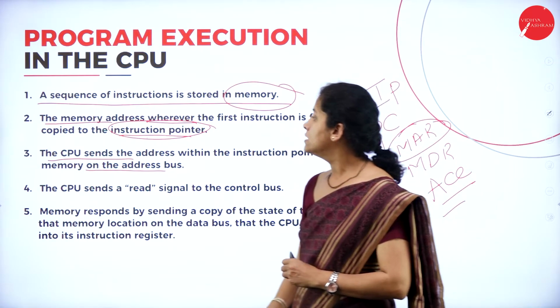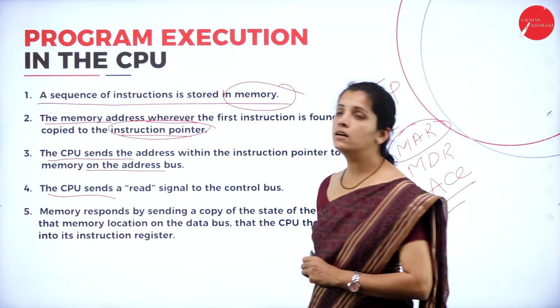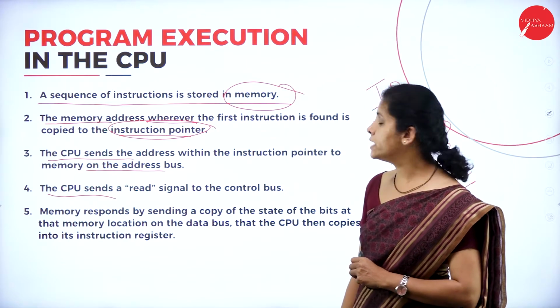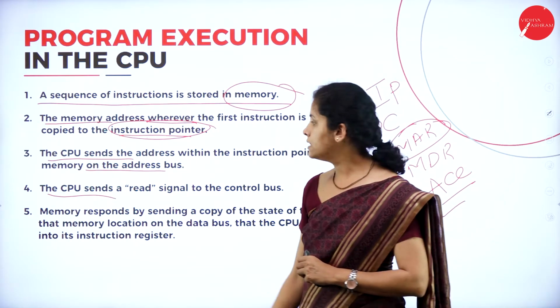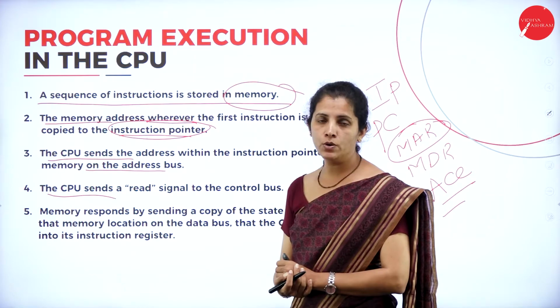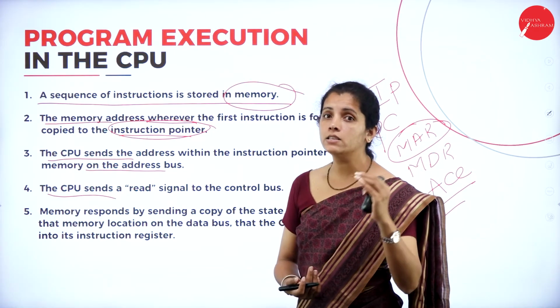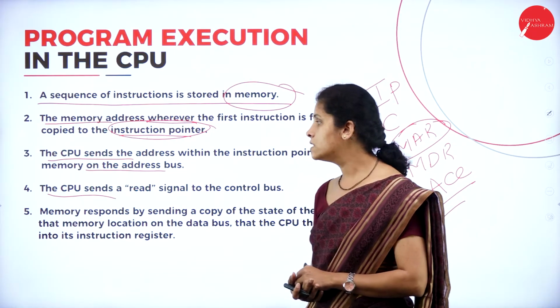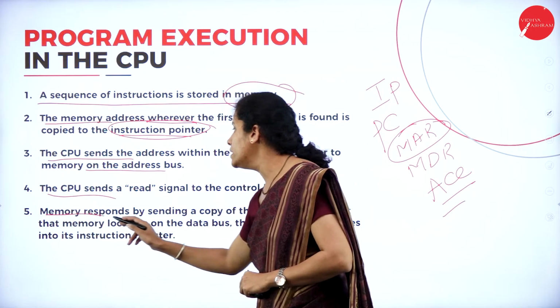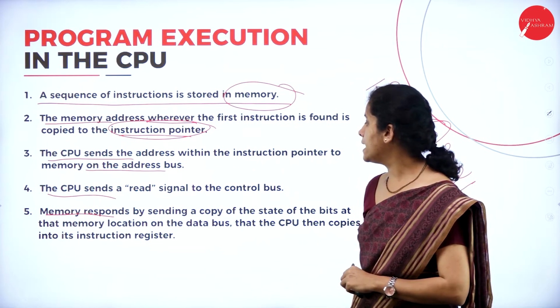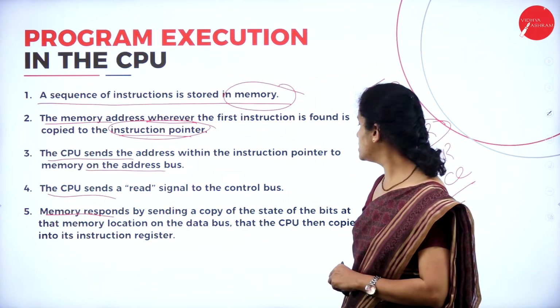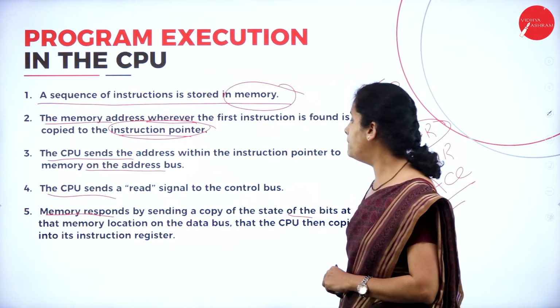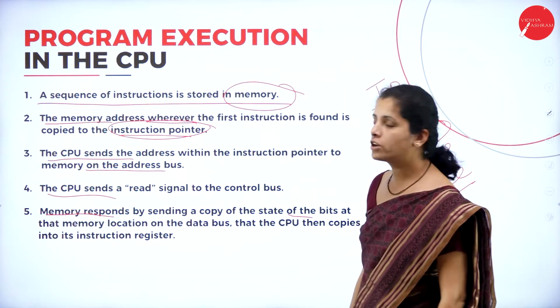Now, the CPU sends a read signal to the control bus. The job of the CPU is to send the read signal to the control bus. Now, memory responds by sending a copy of the state of the bits at the memory location.